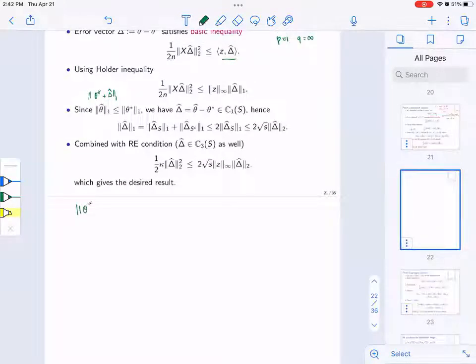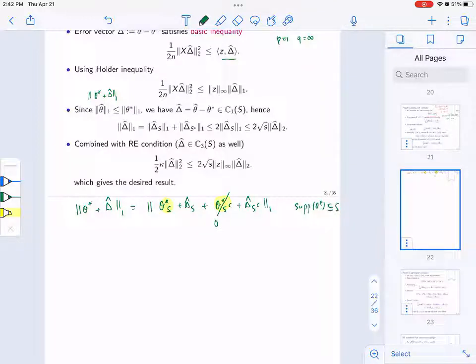I can decompose it into two pieces: theta star S plus delta hat S, and theta star S complement plus delta hat S complement, in L1. This one is going to be non-zero. This one is going to be 0, because the support of theta star belongs to S by assumption.